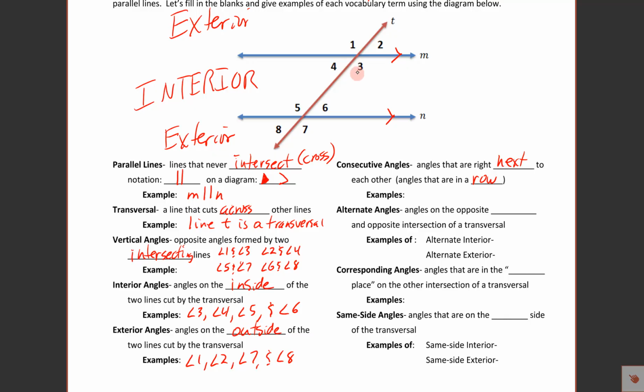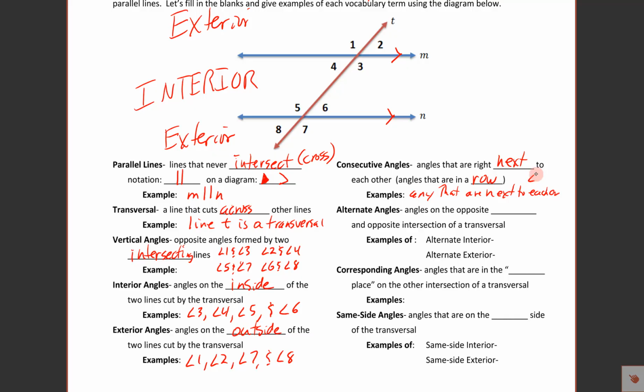3 and 4. 3 and 6, those are right next to each other, okay? 4 and 5 are next to each other, 5 and 6. There's a whole ton of them. You can pair up any that are next to each other. So I'm just going to write this, any that are next to each other. So that includes 3 and 6.